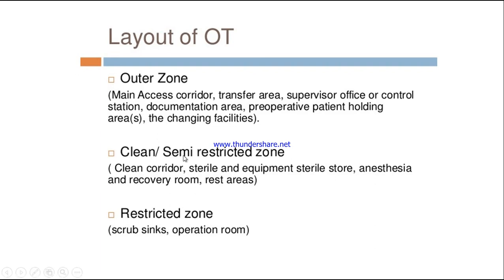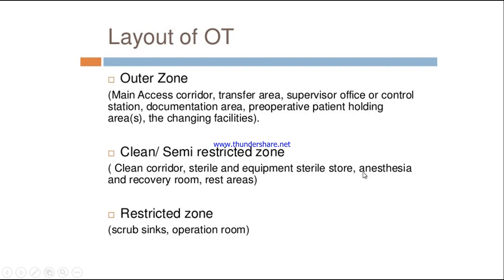Next is the clean or semi-restricted zone. It consists of the clean corridor and the sterile store, the storeroom where we keep all the sterile equipment coming from the CSSD department. All the autoclaved sterile equipment is placed in the sterile store. Next, the anesthesia and recovery room.